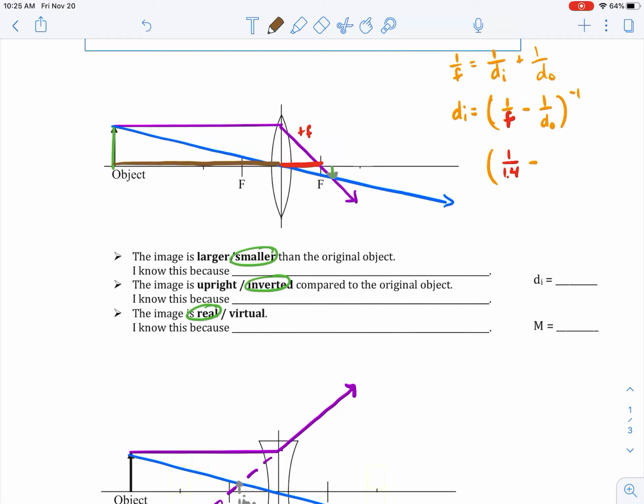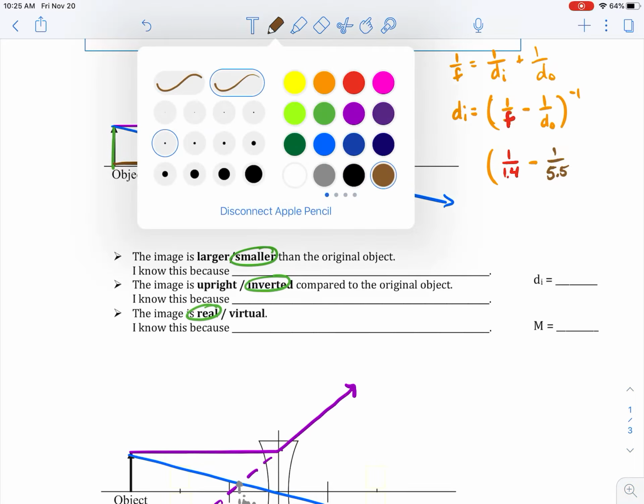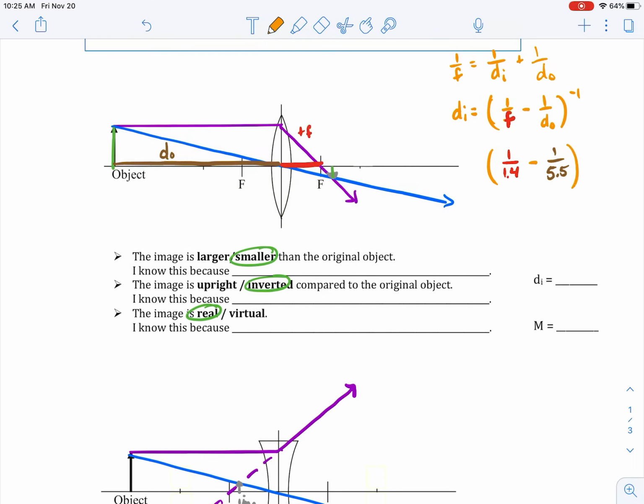So we are going to take our object and measure from the object to the center of the lens. So here is my DO, and remember your DO is always positive. So on paper, the measurement will be slightly different. On my iPad, this is going to be a measurement of about 5.5.